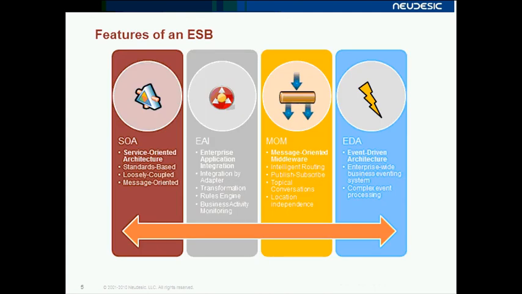So just looking at the capabilities of an ESB, I tend to think of it as a collection of patterns and practices and capabilities focused more on the messaging and integration space. This gives a good overview of what you're looking for and the capabilities you would expect in an ESB.